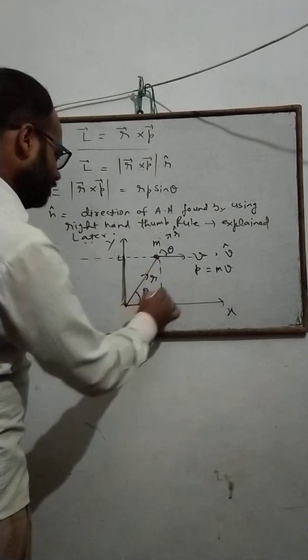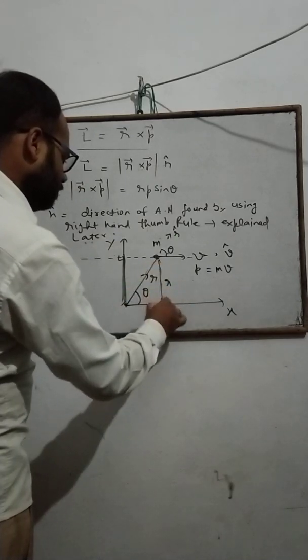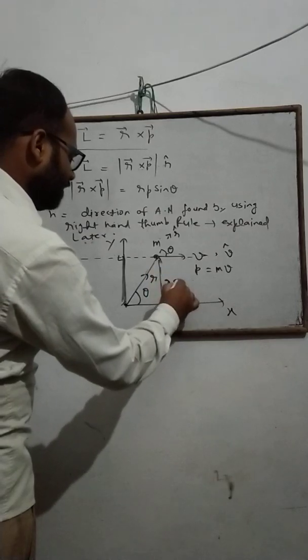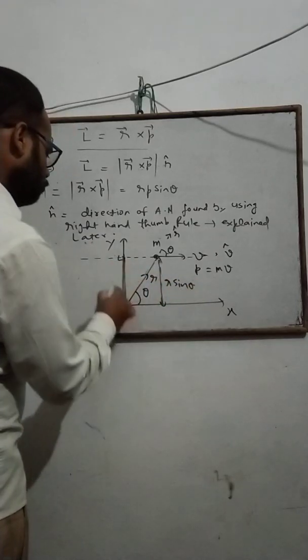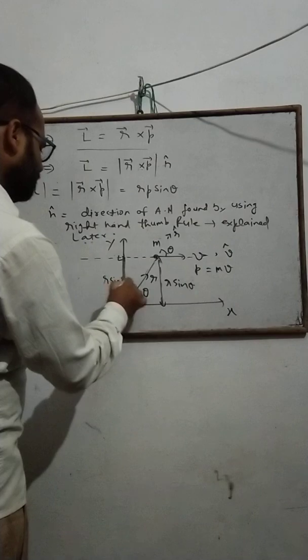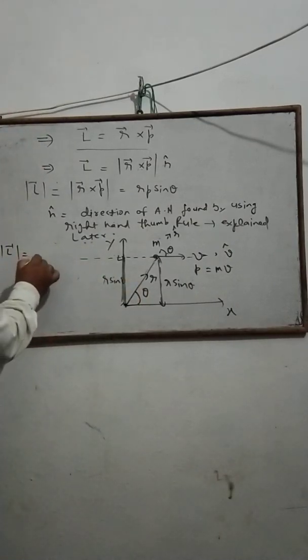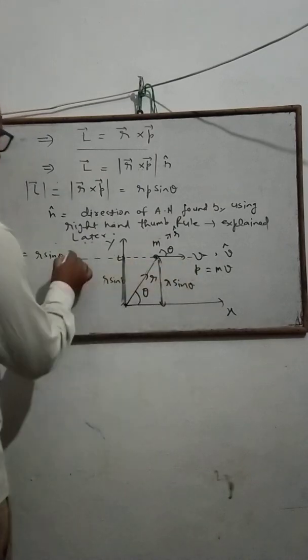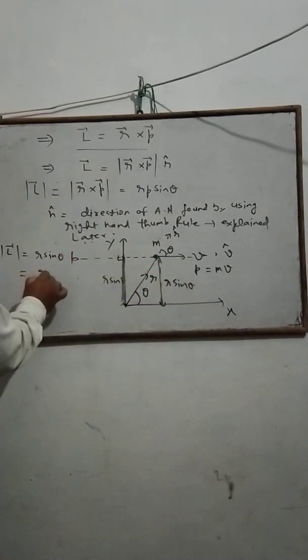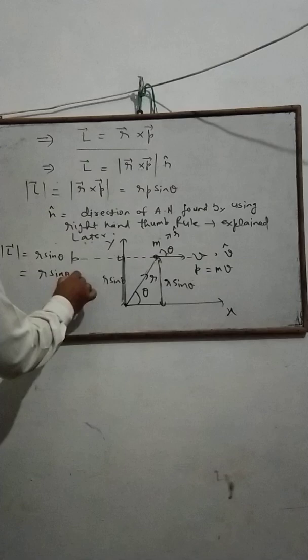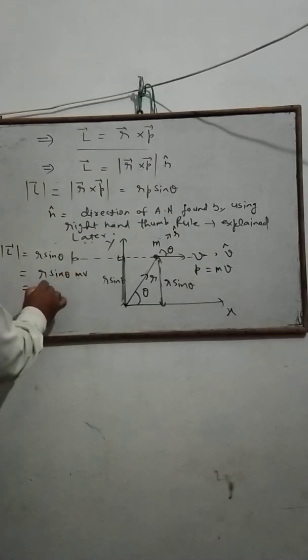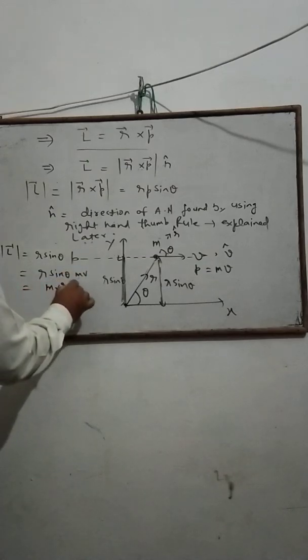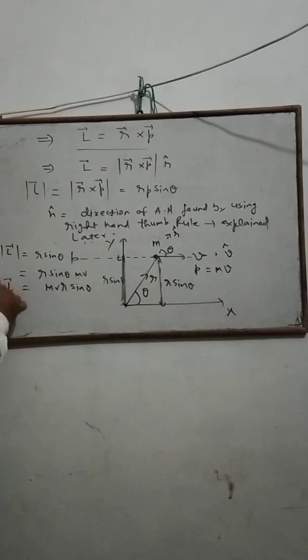If it is r, then this line has the value r sin theta. So you can write r sin theta into p, which is r sin theta into mv, so mod L is mvr sin theta.